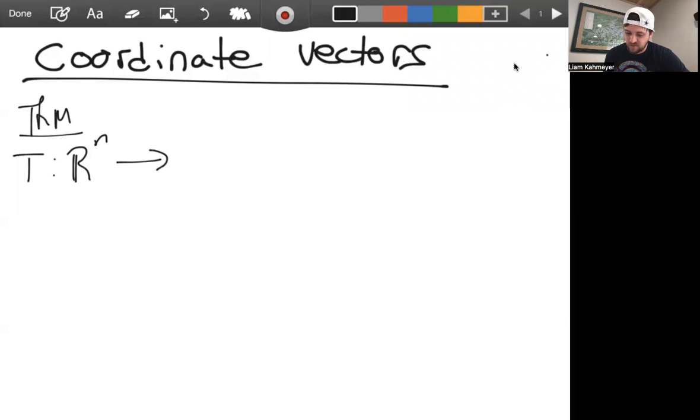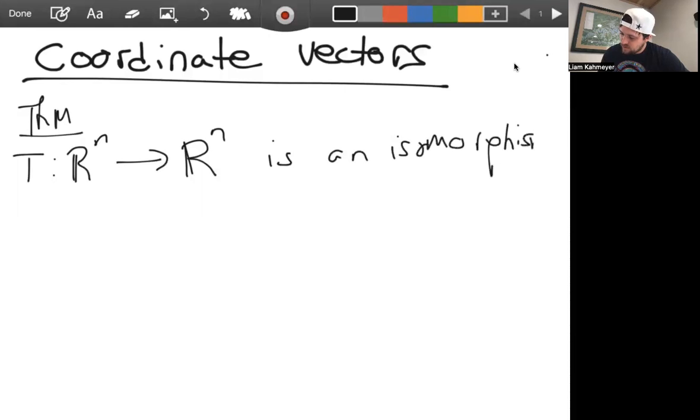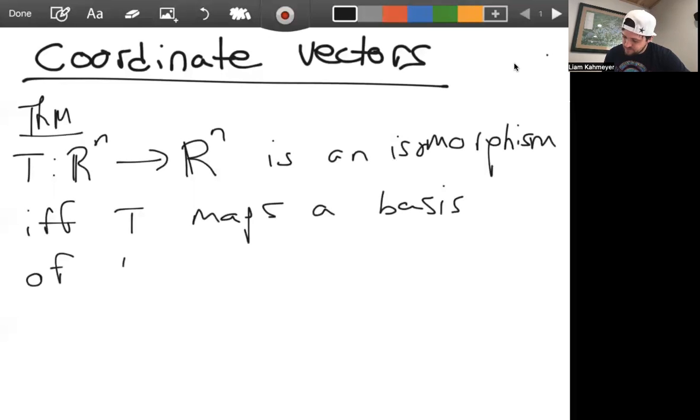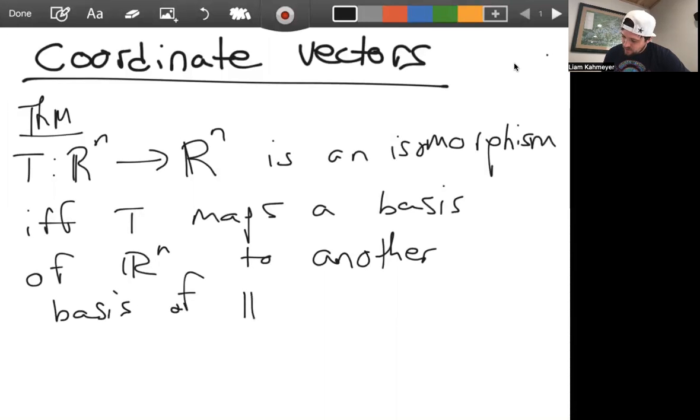If we have a linear transformation T from Rn to itself, then this transformation is an isomorphism if and only if T maps a basis of Rn to another basis of Rn.